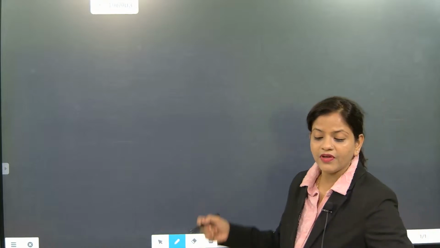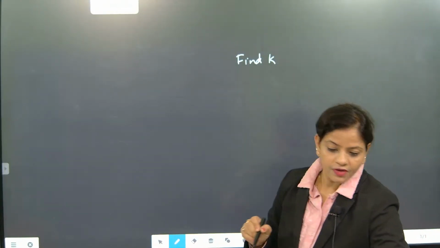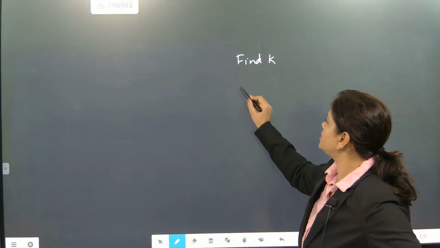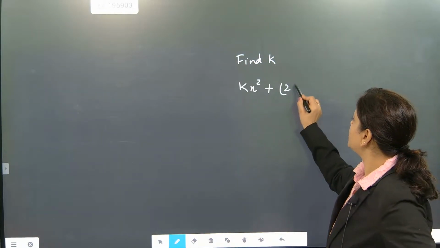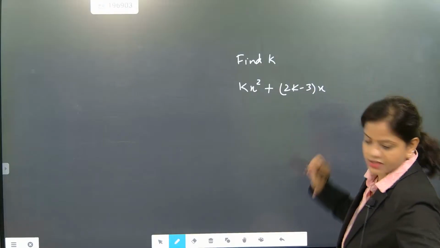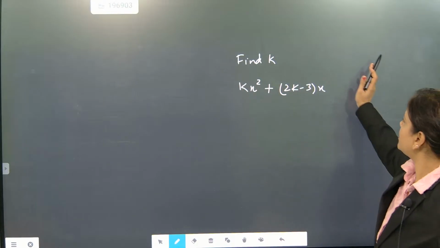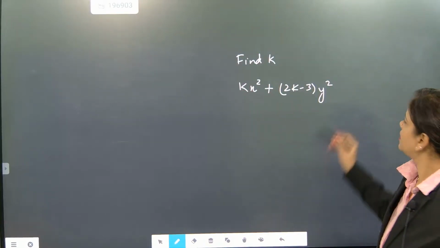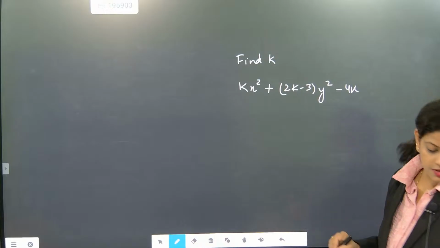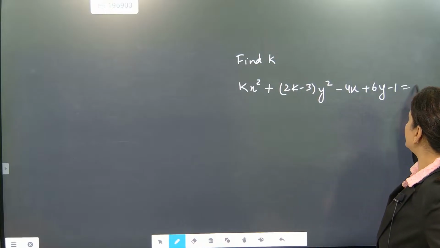Many times they ask in MCQs the value of an unknown variable. Find the value of k. Find k for which the system of equation is given. They wrote the equation as kx square plus (2k minus 3)y square minus 4x plus 6y minus 1 equal to 0.